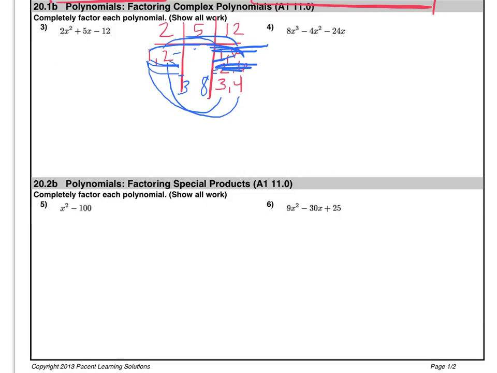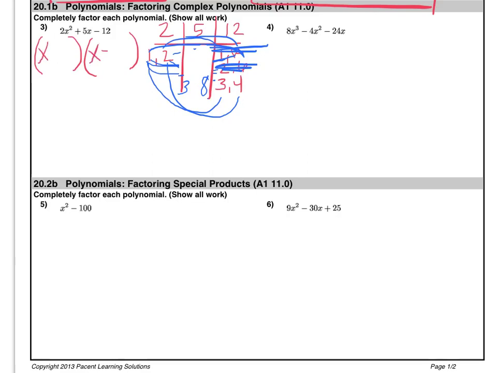So the 3 came from the 1 and the 3 being combined, which means that this 3 has to be negative. So I'm going to set up my binomial parentheses and show that I need the 1 and the 3 to be combined, and the 3 has to be the negative. So I'm going to put my x here, my x here.